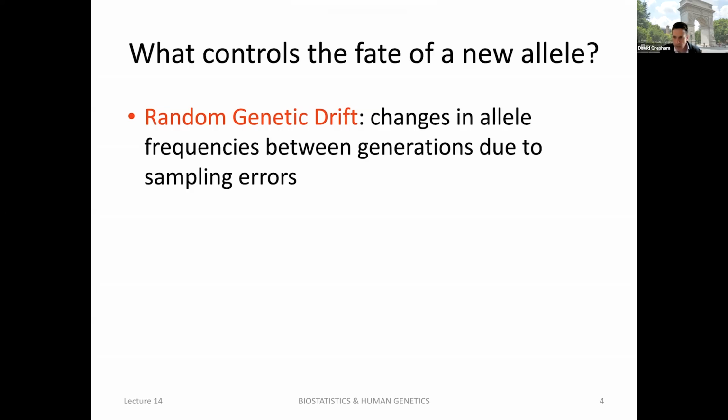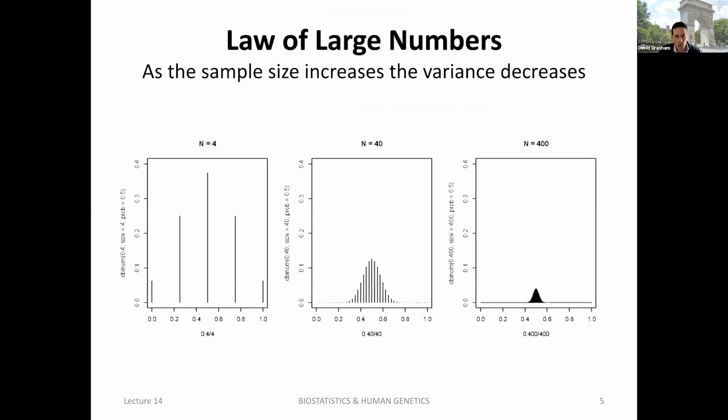And we're going to study how the strength of genetic drift differs as a function of the population size. And what we'll see is that the same principle of the law of large numbers is at play here, which is that as the size of the population increases, the probability that, if we're at allele frequency 0.5, we'll get exactly allele frequency 0.5 in the next generation is less, because there are so many other possible outcomes.